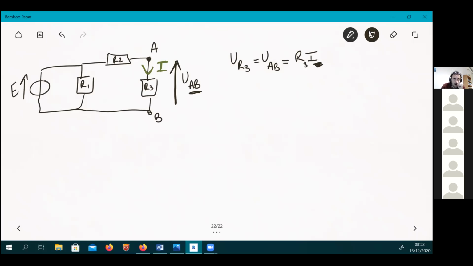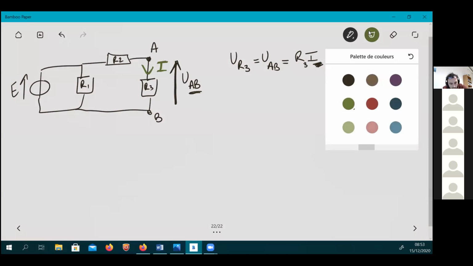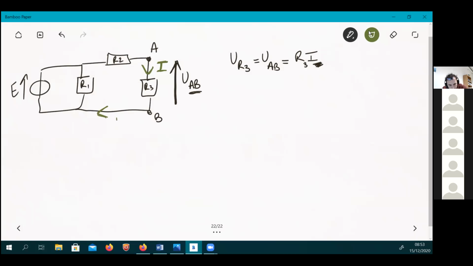But you don't know the value of the current. And you are going to start this circuit, as always, by labeling currents and voltages. I already fixed the current I in this direction. Why? Again, to get the receptor convention, since UAB is already fixed. Then, of course, you are gonna flow your current.